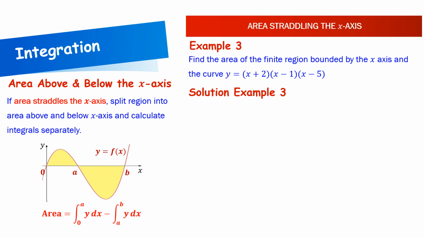So let's solve this. We are required to find the area of the finite region bounded by the x-axis and the curve y equals (x plus 2)(x minus 1)(x minus 5). A sketch of this will look something like this.